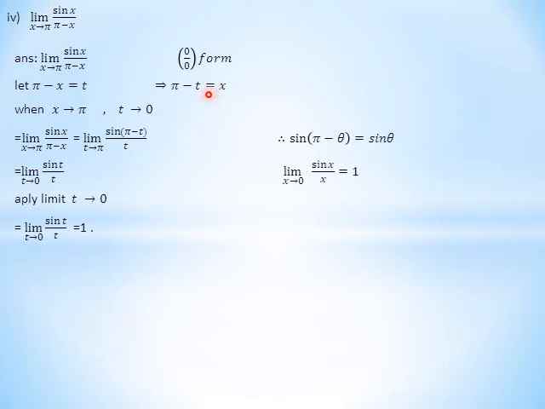Look at this, if x tends to pi, then what will t be? t will be 0, only then x tends to pi. Okay. So for this question I use the algebraic technique again, like the previous questions, the x raised to the power n minus a raised to the power n type.